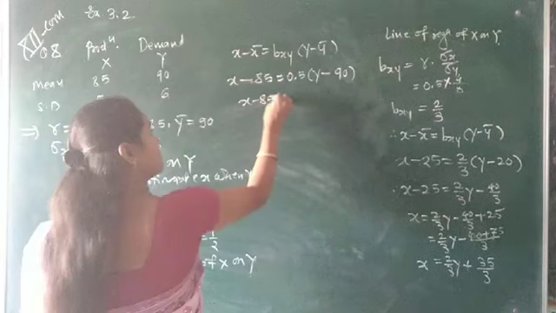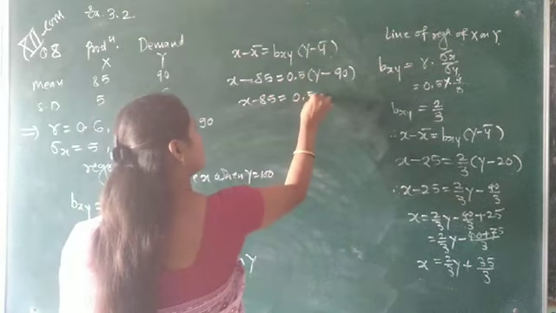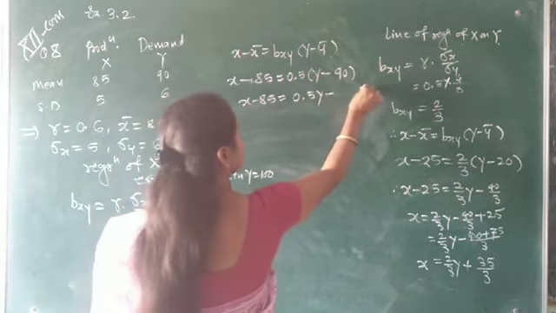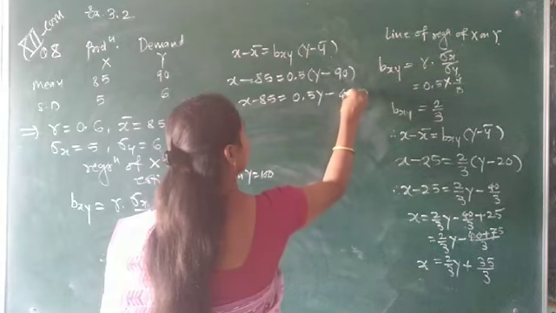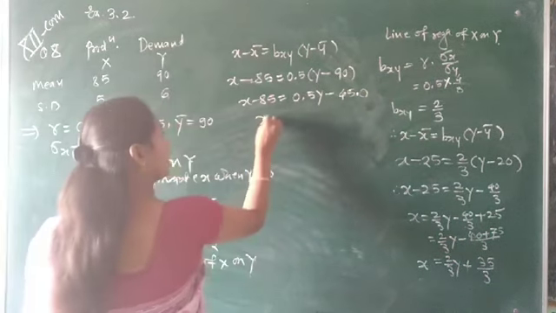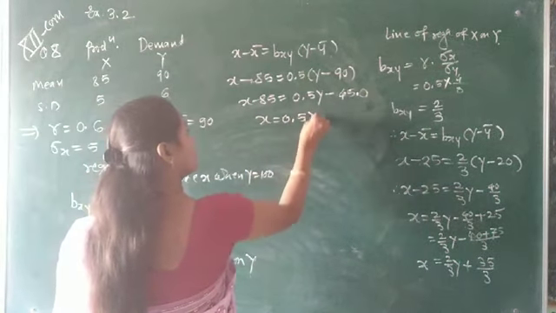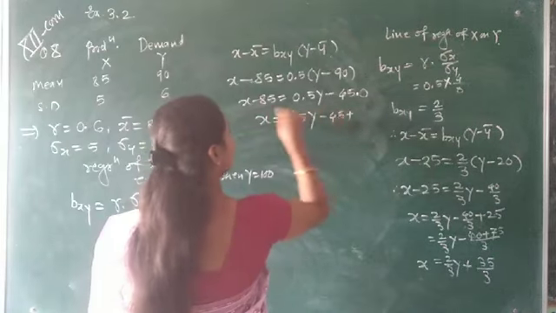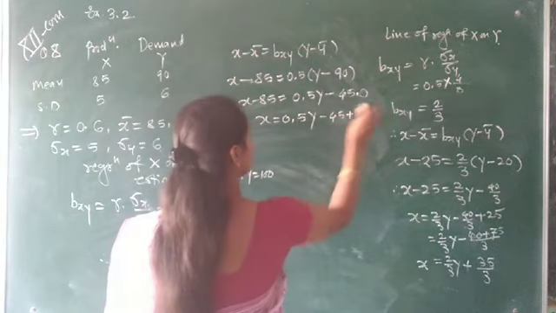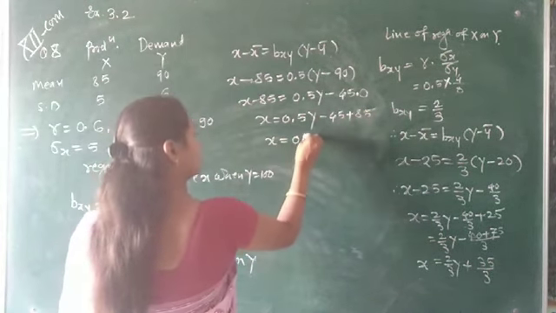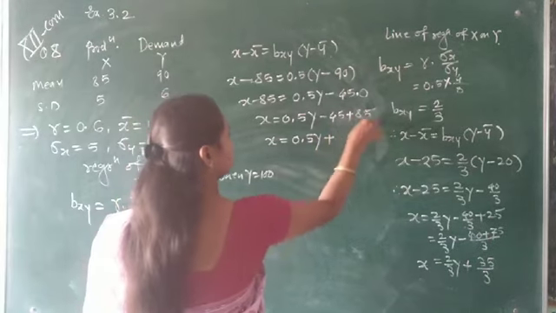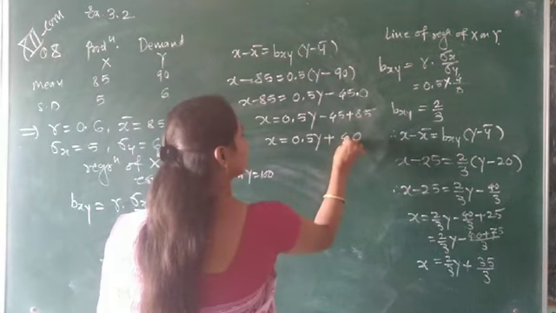X minus 85 is equal to 0.5y minus, 9 5s are 45. Therefore x is equal to 0.5y minus 45 and the minus 85 here will become plus 85. 0.5y plus 85 minus 45 is 40.